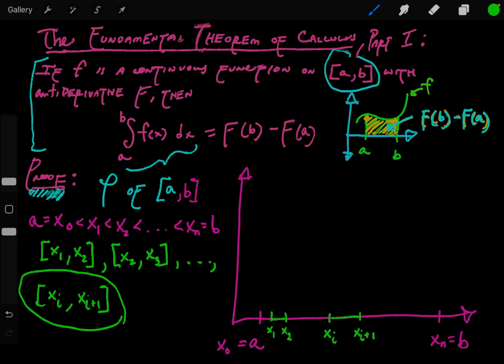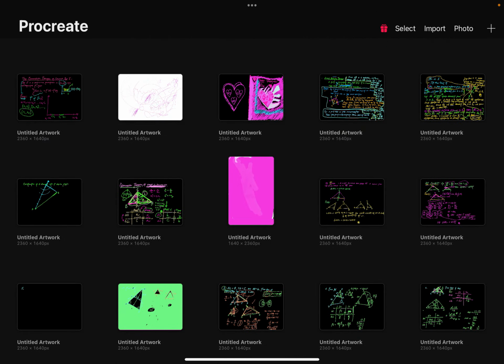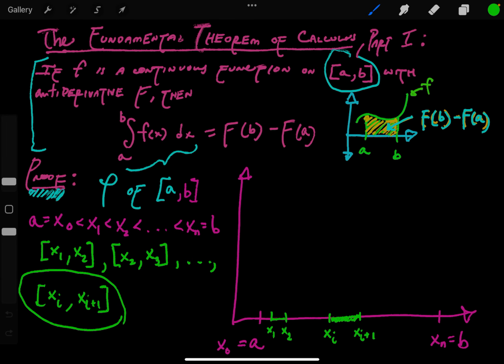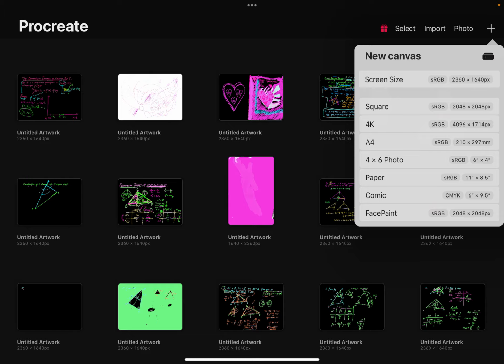On your general interval, what will apply is the mean value theorem. So why will the mean value theorem apply? We need to remember what the mean value theorem states, and make sure that we can actually apply it here.